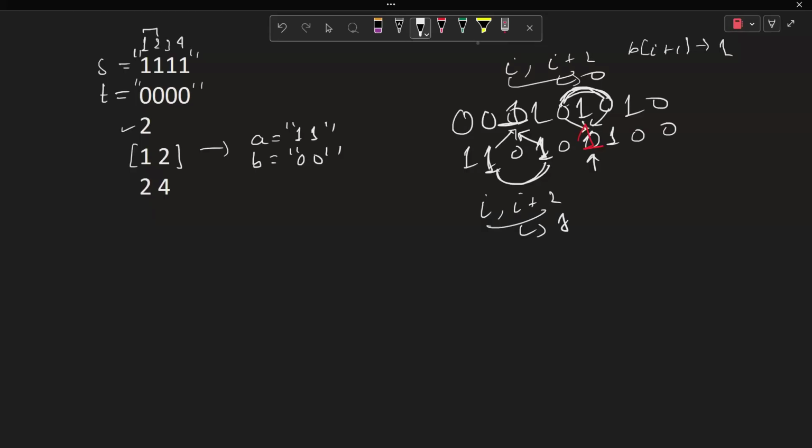So after performing these two operations, you want to maximize the number of ones in A. Now, how are we getting a 1 in A by performing these operations?